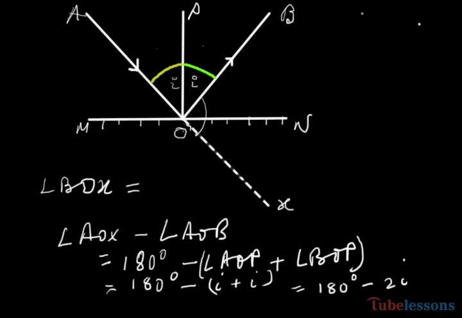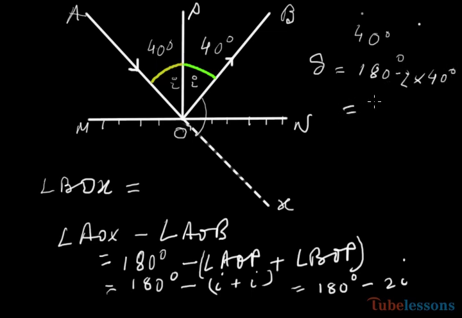Now if a ray of light is incident at an angle of 40 degrees, say the value of AOP is 40 degrees, then BOP will also be 40 degrees. So the angle of deviation delta will be 180 minus 2 times 40 degrees.